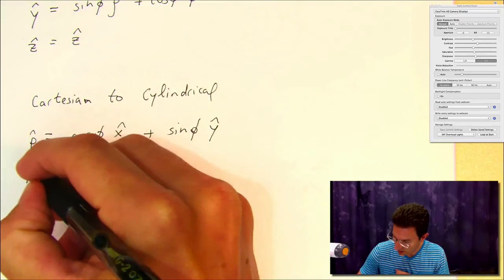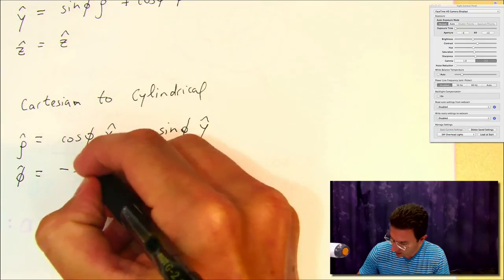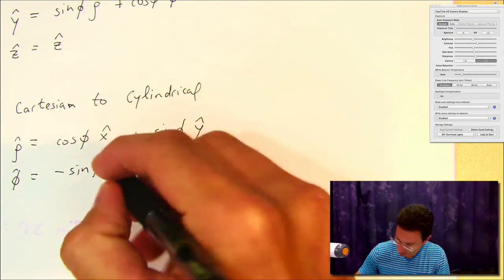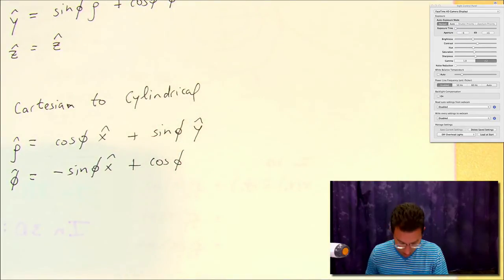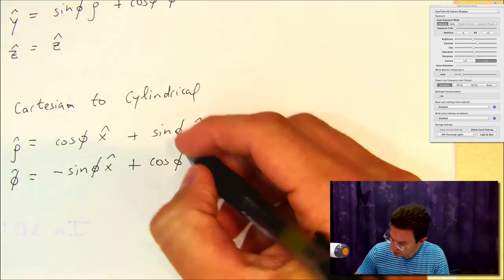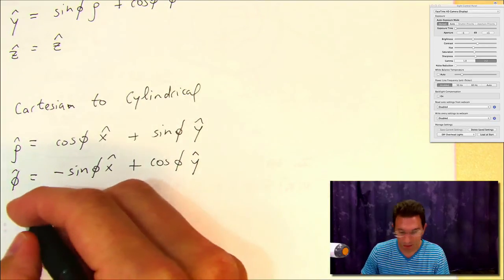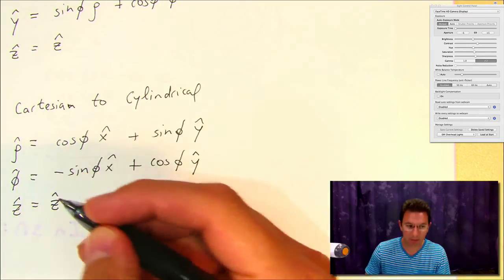The phi hat vector may be written minus sine of phi x hat plus cosine of phi times y hat. Just like that. And again, the z hat vectors are identical in both coordinate systems.